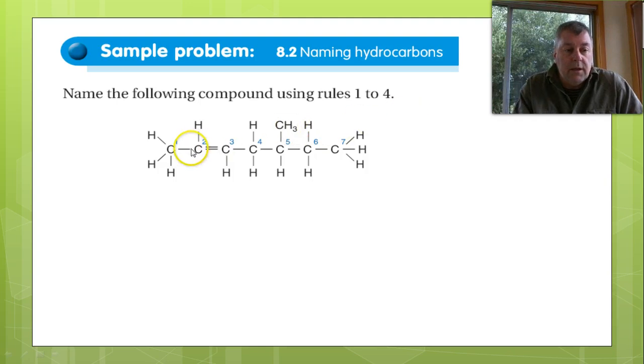And notice that the numbering here, we number so that the double bond has the lowest possible number, and when we identify the double bond we use the 2, not the 3. So it's the lowest possible number that we can give to the double, or if it was a triple bond.